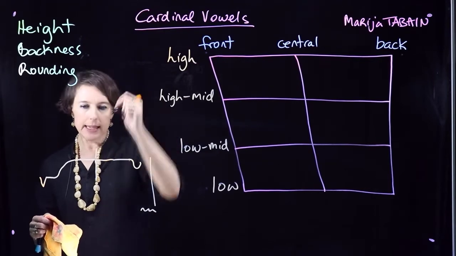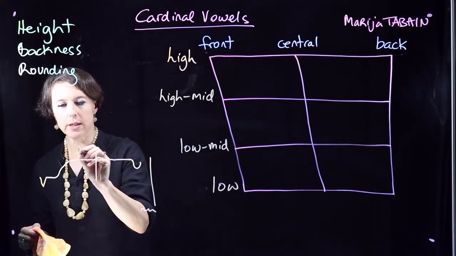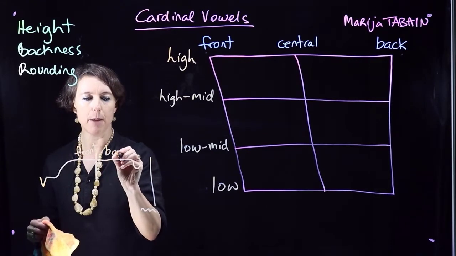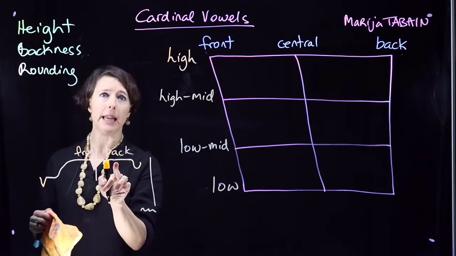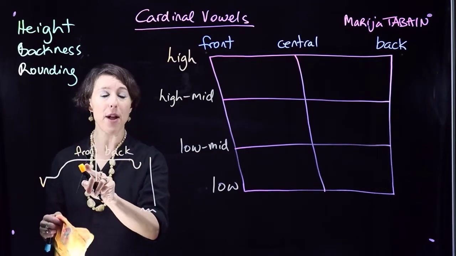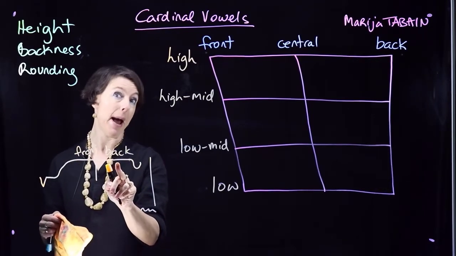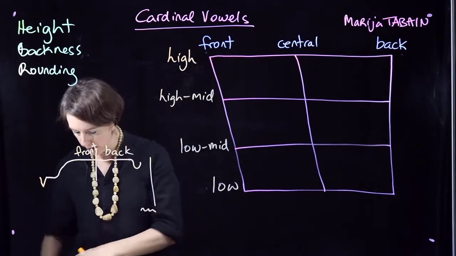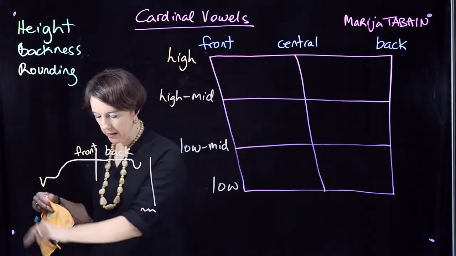And what happens is that front vowels are produced in this palatal region here, and back vowels are produced in this velar region here. So with ki, ki, ki, we're at a front vowel, and with ku, ku, ku, we're at a back vowel. So front and back is really to do with the position of the tongue.